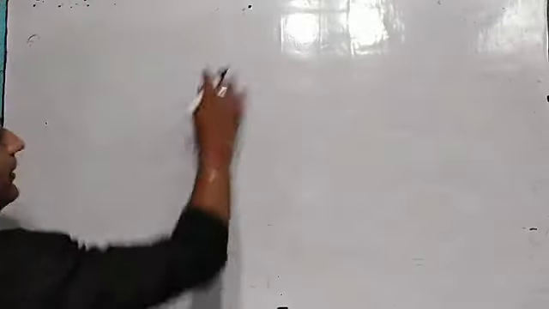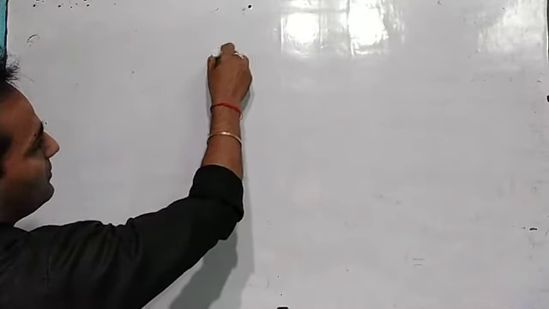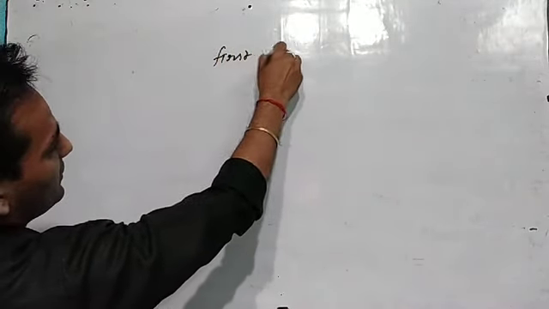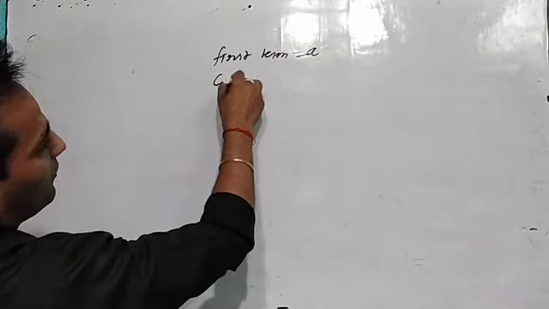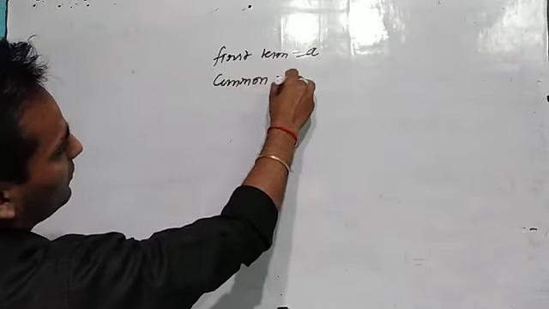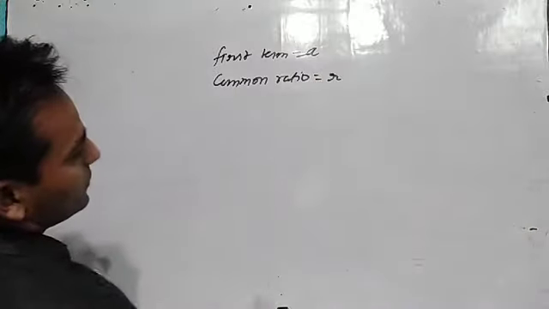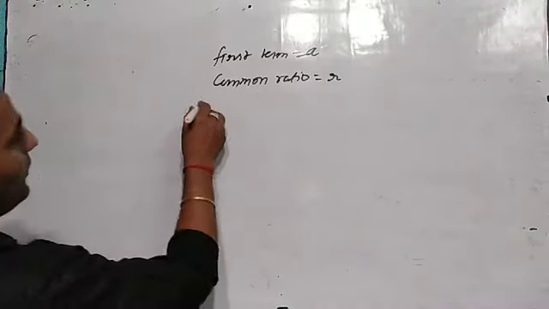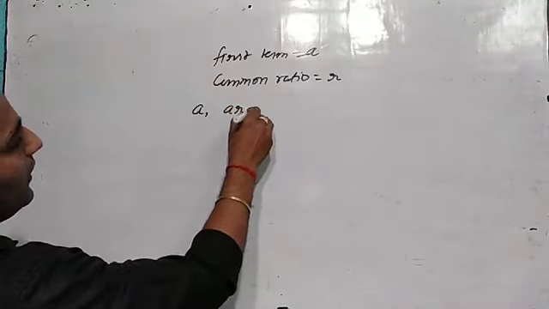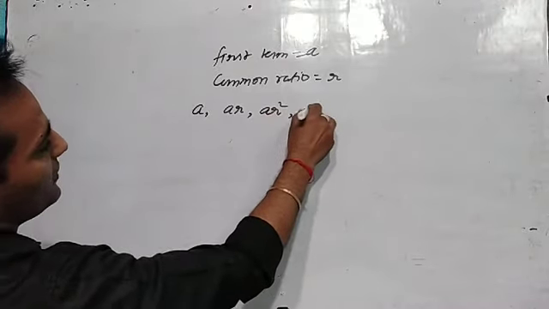Listen carefully. If the first term of that series is A, common ratio is R, so series will be in the form A, AR, AR square, AR cube, something like that.